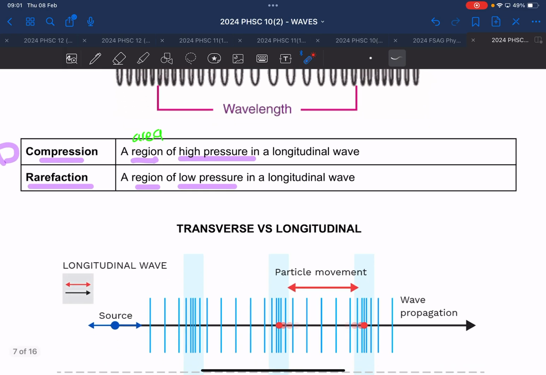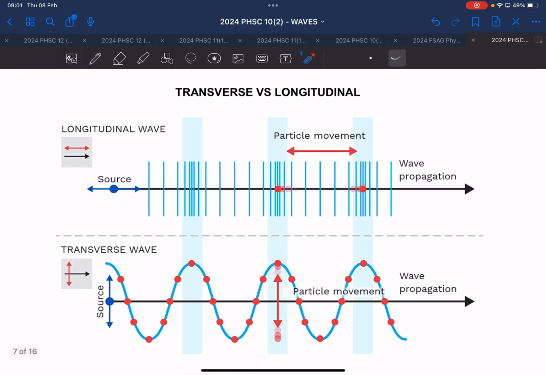Here I wanted to show you the difference between a longitudinal wave and a transverse wave. In a longitudinal wave, the wave and the particle movement are parallel to one another, and here they are perpendicular to one another. A transverse wave goes up and down like this, and a longitudinal wave goes like that.